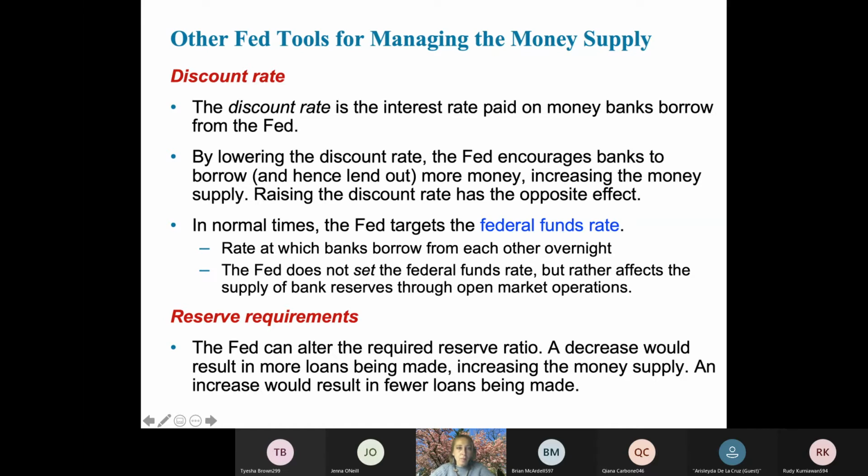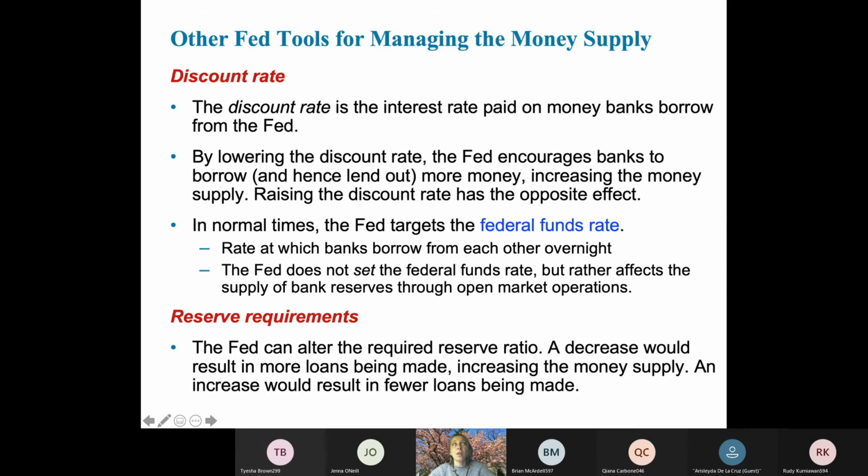So it is kind of a tool that exists in name, but in real life, the Federal Reserve, when they set the target rate, they don't call it discount rate. They don't even pretend. They say that we are setting the target for the federal funds rate.